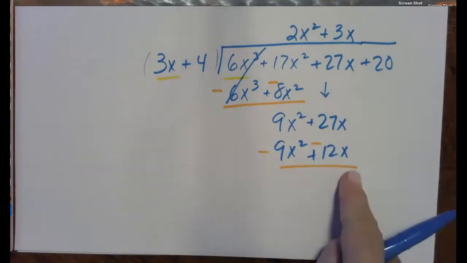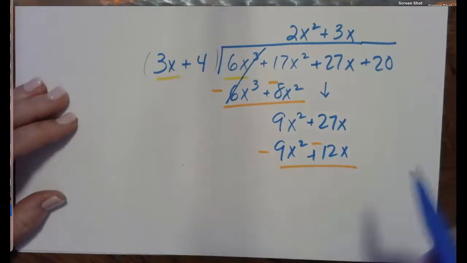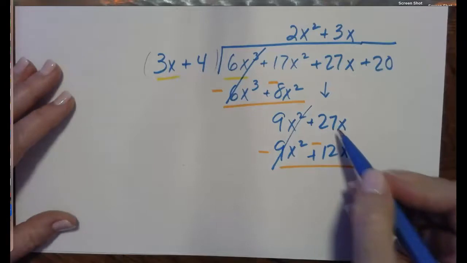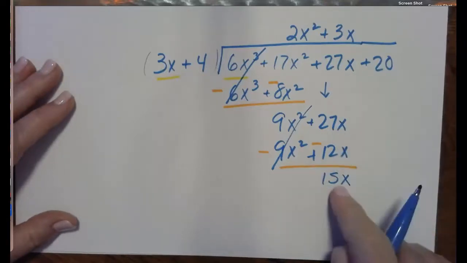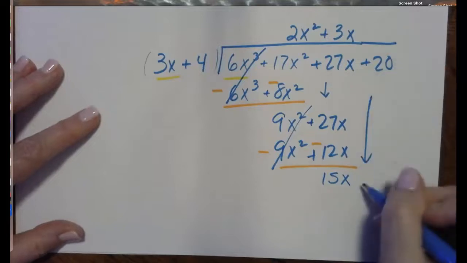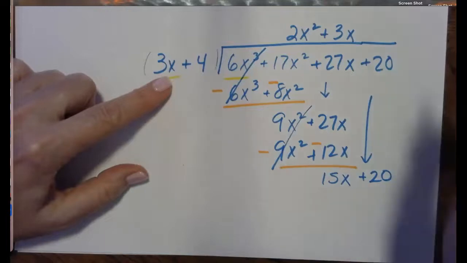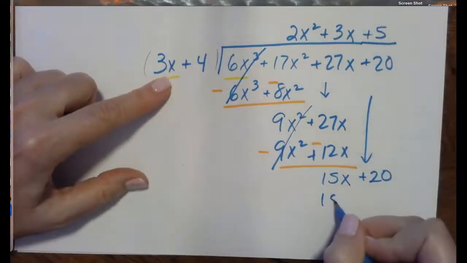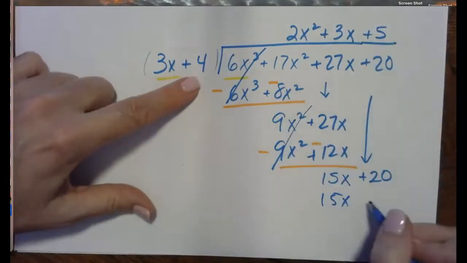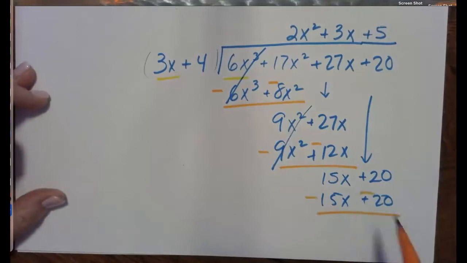Remember, that is what enables us to subtract when we distribute the negative 1 through. 9 minus 9, that first column must cancel. 27 minus 12, 15x, that's subtracting, bring down the plus 20. 3x goes into 15x plus 5 times. 5 times 3x is 15x, and 5 times 4 is 20. And draw the line, change the sign.